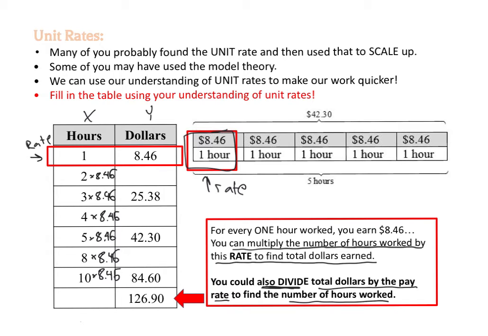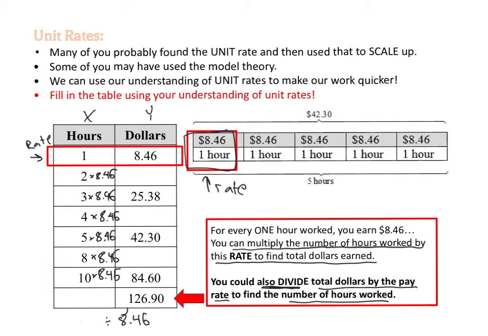Let me erase those arrows real quick and I'll do that. So if we say 126.9 divided by our rate, so divided by $8.46, that should get us to our total hours. So I'm going to do that.